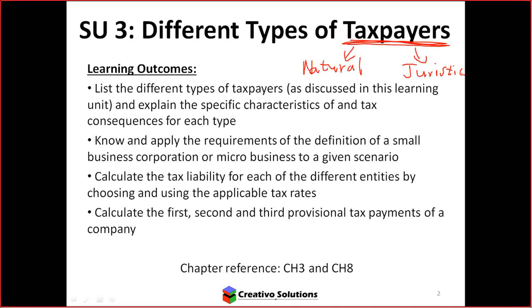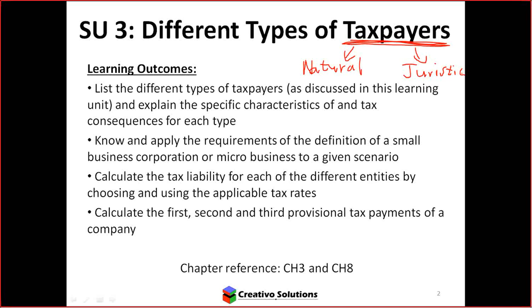SARS has its own commissioner, and SARS is responsible for collecting tax from you and I and everyone else in the country. Also taking external parties such as non-residents into consideration. So it doesn't matter if you're a non-resident or a resident, it makes no difference.